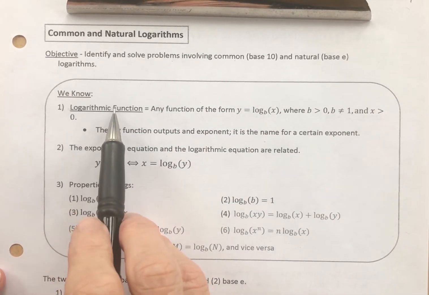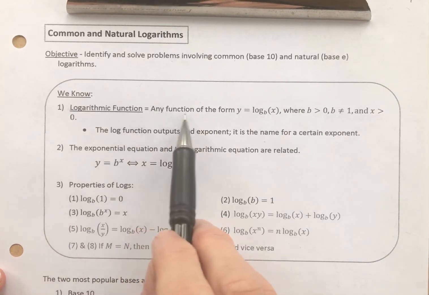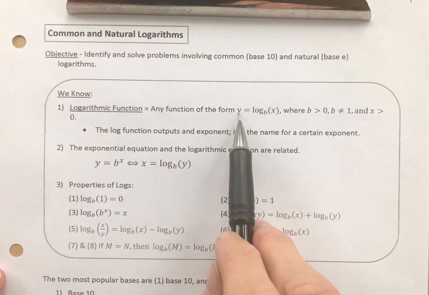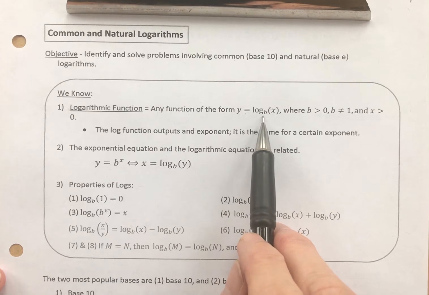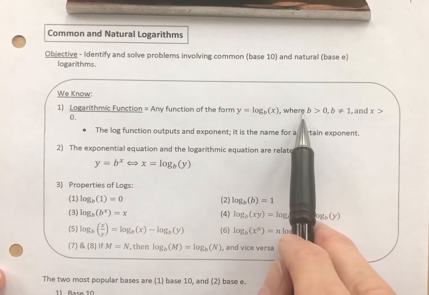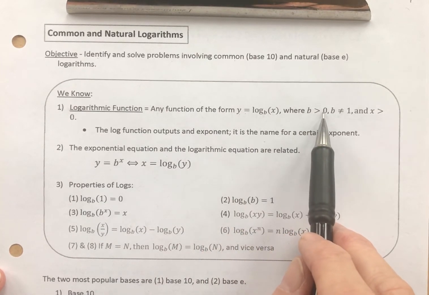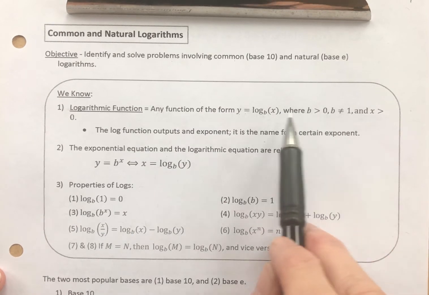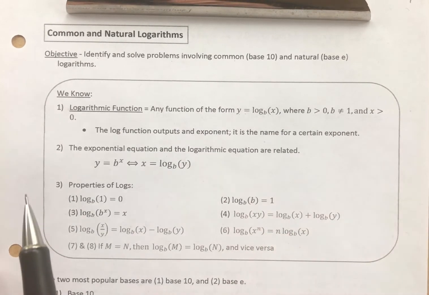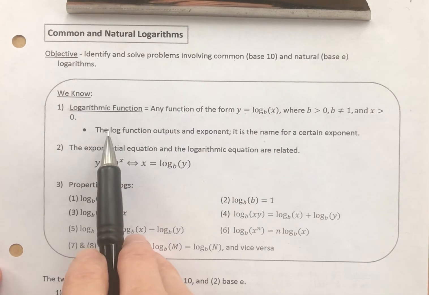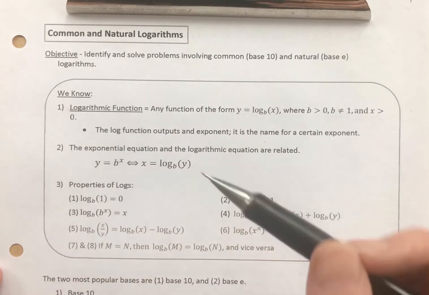We know what a logarithmic function is: any function of the form y equals log base b of x, where the base b is greater than 0 and not equal to 1, and the argument x is positive. We know that the log function outputs an exponent.